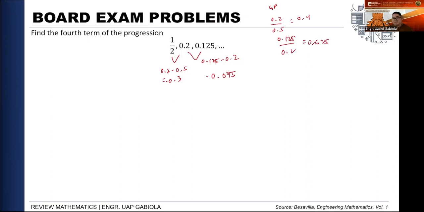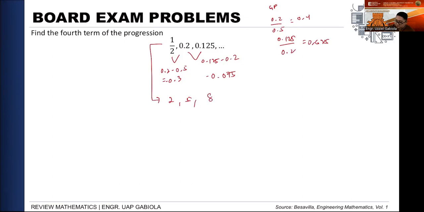So, pag ganun yung case, hindi siya nag-fall under geometric and arithmetic progression, baka siya ay harmonic progression. And pag kinuha na natin yung harmonic niyan, yung 1/2, i-reverse natin, that will be 1 over 1/2, that is 2. Then 1 over 0.2, that is 5. Then 1 over 0.125, that is 8.